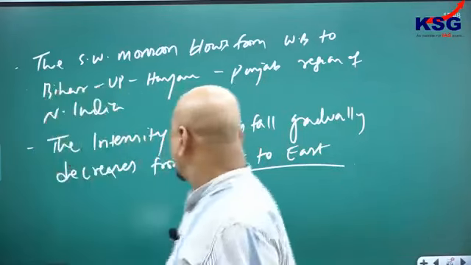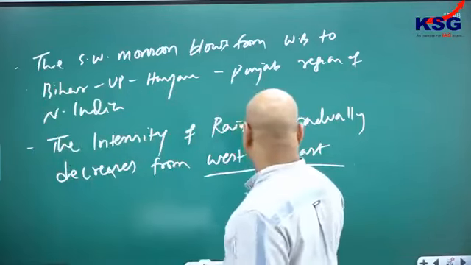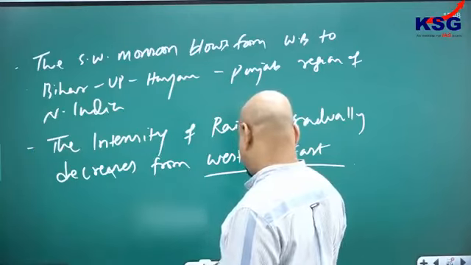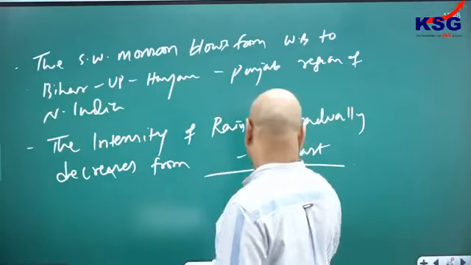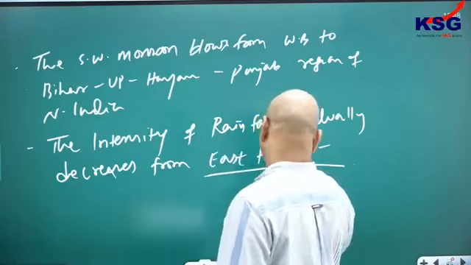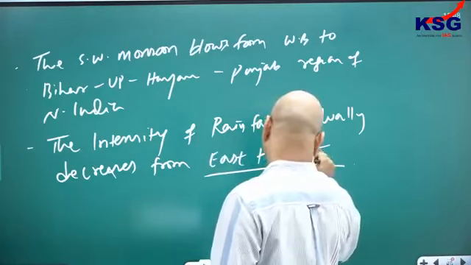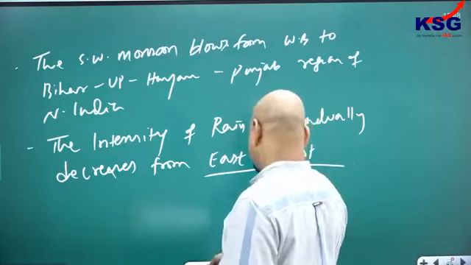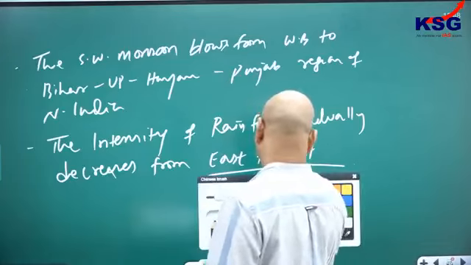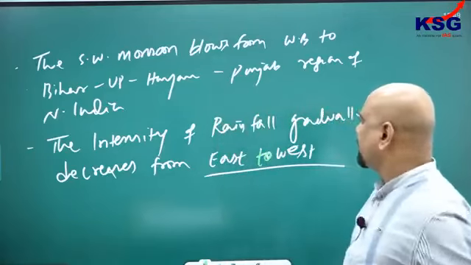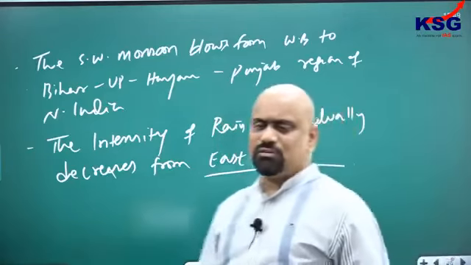Sorry, decreases from east to west. Increases from west to east, decreases from east to west. समझ में आया? ईस्ट टू वेस्ट. इंडेक्स रेनफॉल ईस्ट टू वेस्ट डिक्रीज होता जाएगा.